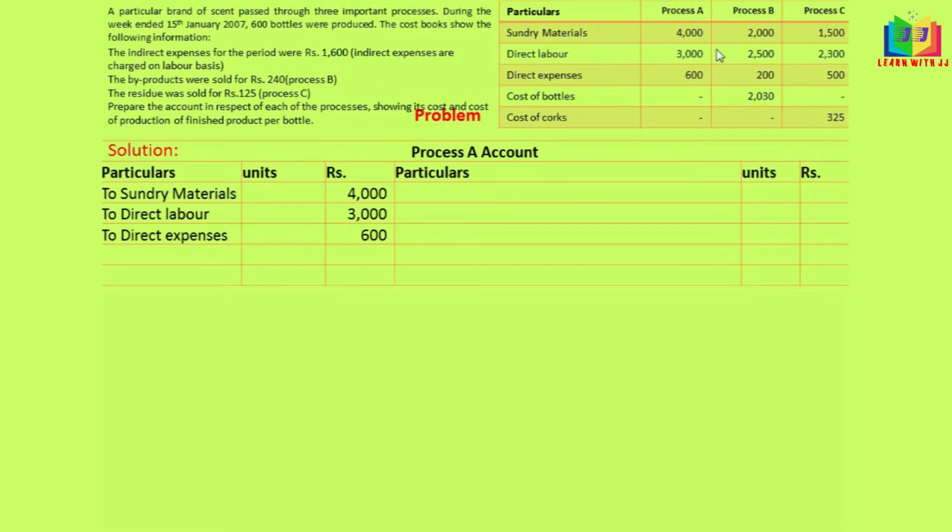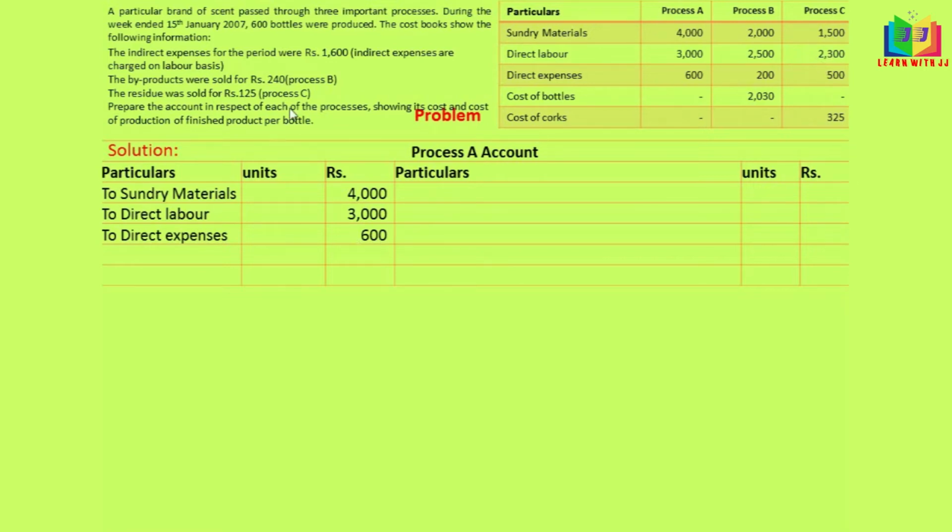So 1600 into 30 divided by, if you add all these ratios, that is 30 is to 25 is to 23, you will get 30 plus 25 is 55, and 55 plus 23 you will get 78.